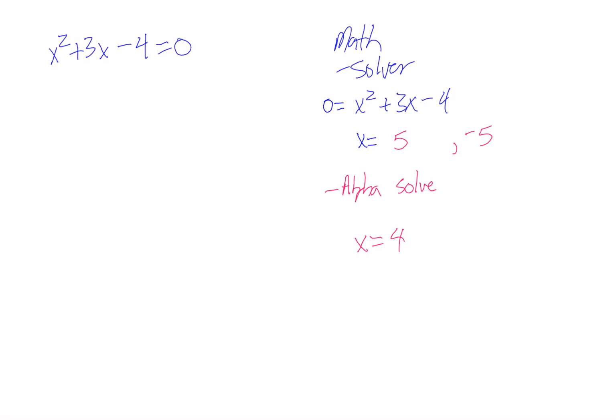Right, so if you go alpha solve, put a guess of 5, it's going to give you 4. Then try negative 5, so put in alpha solve negative 5, and it's going to give you the closest one as your answer, and it'll give you an answer of -1. So we'll get the two answers for this equation, 4 and -1, and so it's a pretty fast, easy way to solve these.